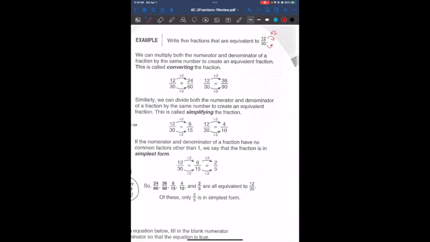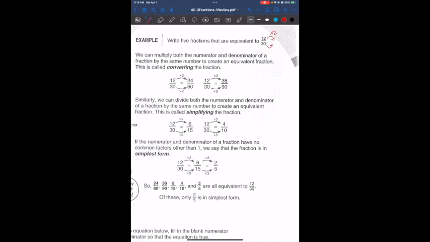So we can basically find an infinite number of fractions that are equivalent to a given fraction, because not only can we simplify it by dividing the numerator and denominator with the same number, but we can also multiply the same number to the numerator and the denominator, and that would just keep making equivalent fractions.